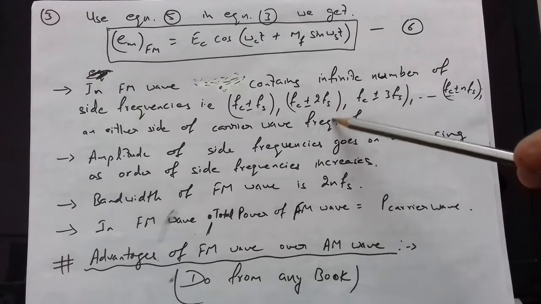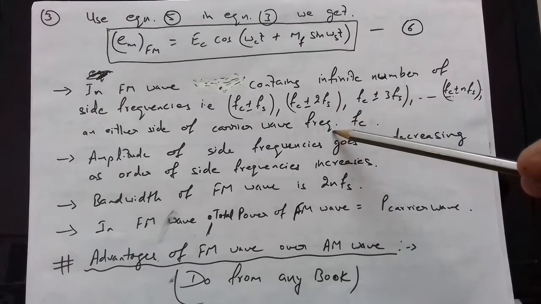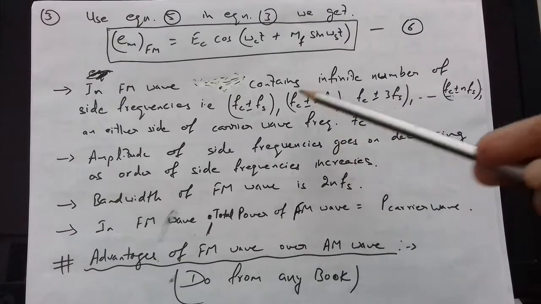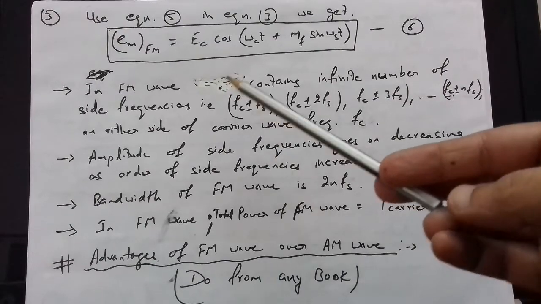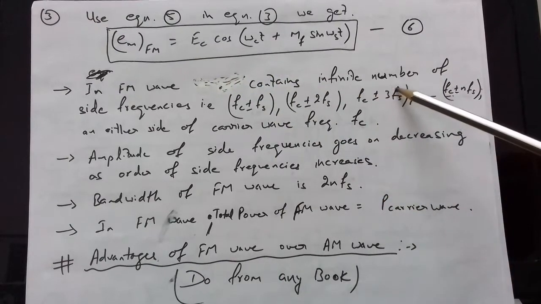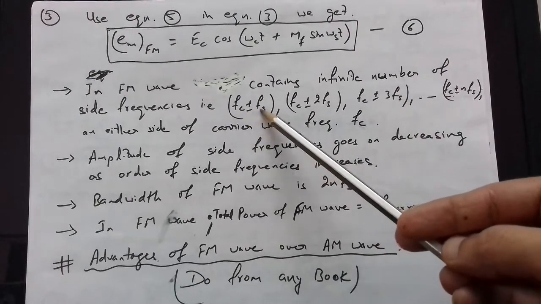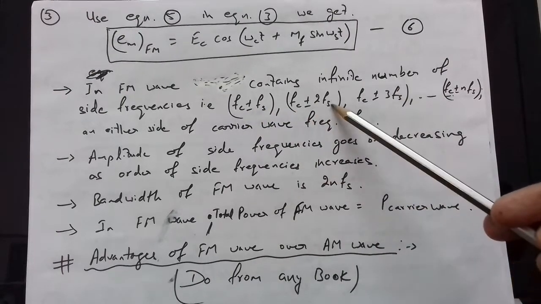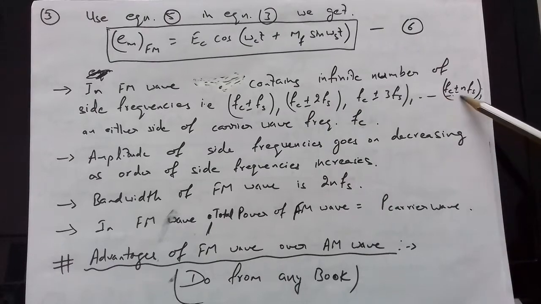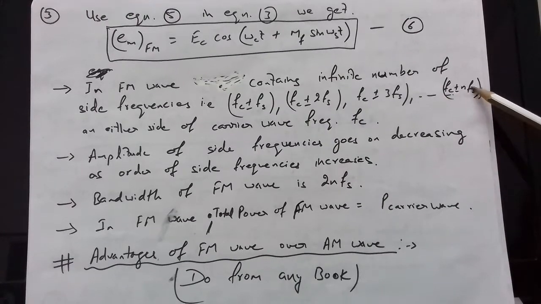Now below are some important points which you must know about the FM wave. First, in an FM wave there are an infinite number of side frequencies given by the values Fc plus minus Fs, plus minus 2Fs, and so on up to Fc plus minus nFs.